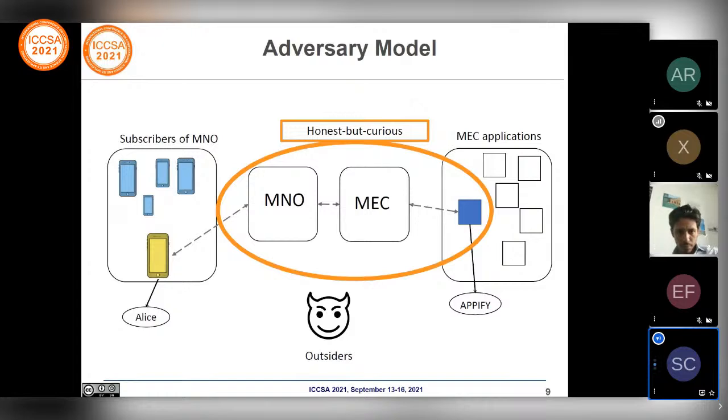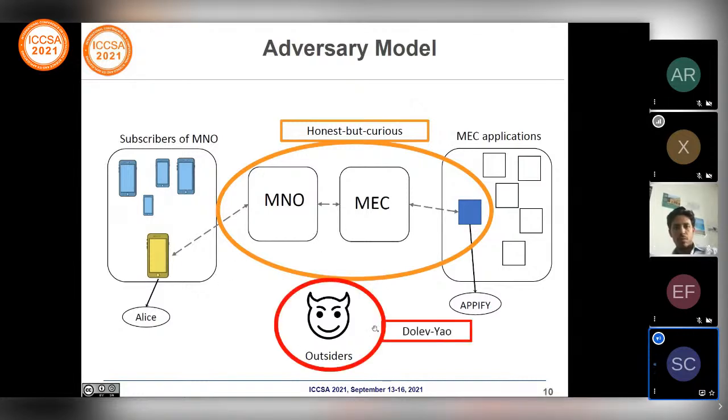They don't want to make a mistake toward their customers, but still they want to learn as much as they can about the habits of the user. Outsiders are Dolev-Yao adversaries. Like a Dolev-Yao adversary, they can see all the messages in the traffic, and they can delete, rearrange, or inject messages. They can do everything to the traffic.